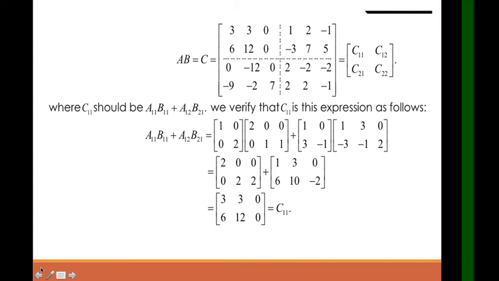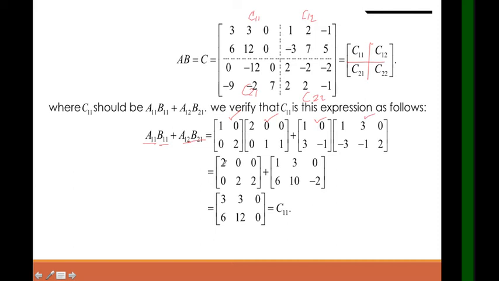Okay. So, this is C11, C12, C21, and C22. They are partitioned into 4 matrices. So, for A11, we have this one, B11, A12, B21.